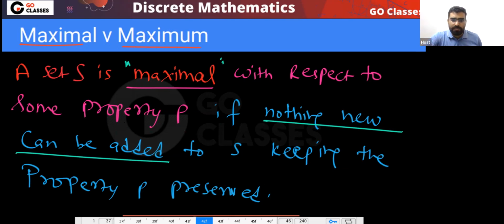If I ask you, what is maximum? Maximum means, among all the sets, what is the maximum?